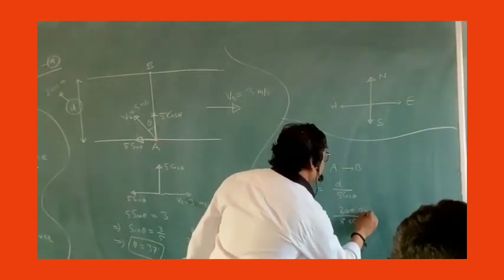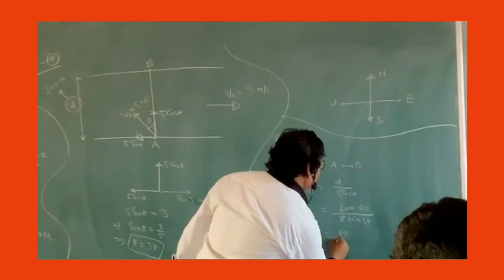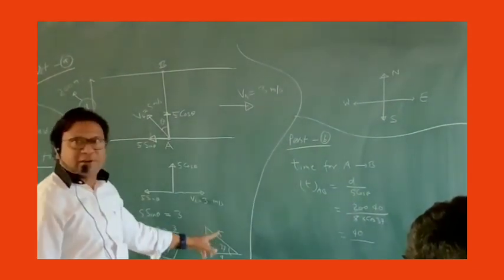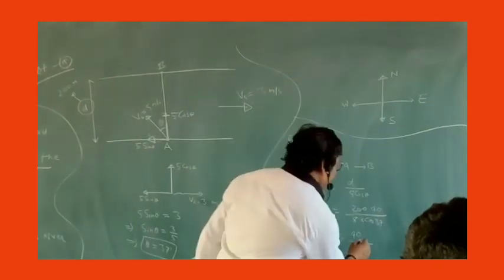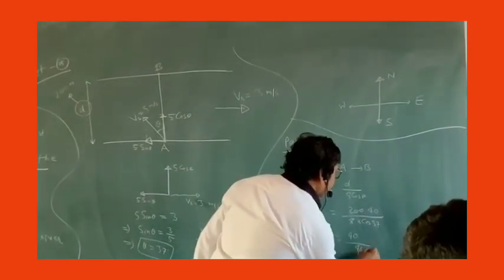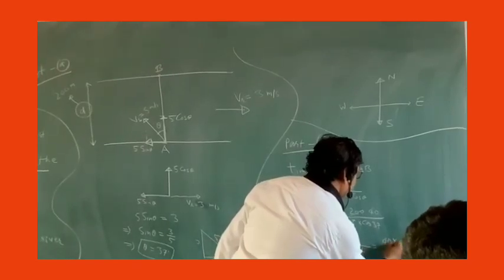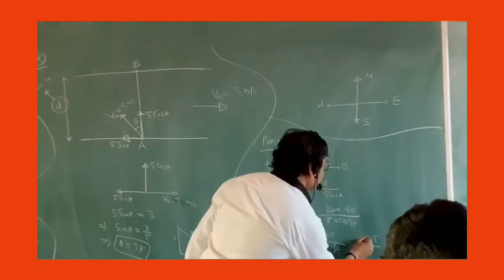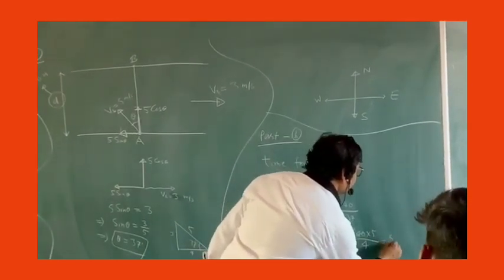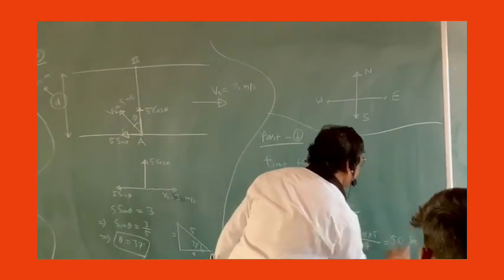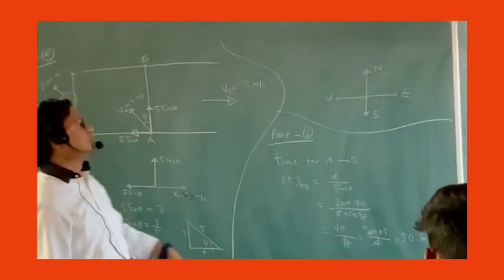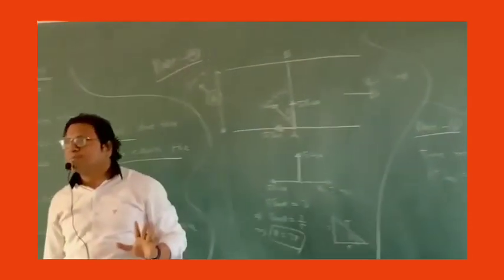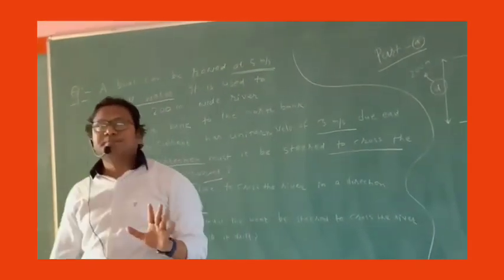So 5 fours are 40, and cos 37 is 4 by 5. So 40 into 5 by 4. Now it will become how much? 50. So this is 50 seconds. In 50 seconds, the boat will reach B from A. Is it clear to all?